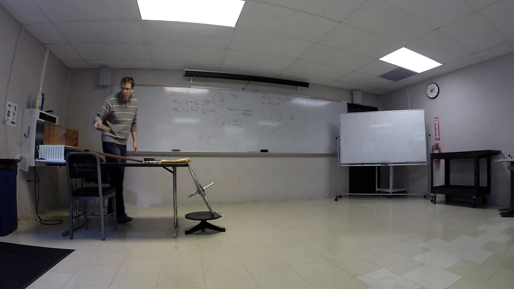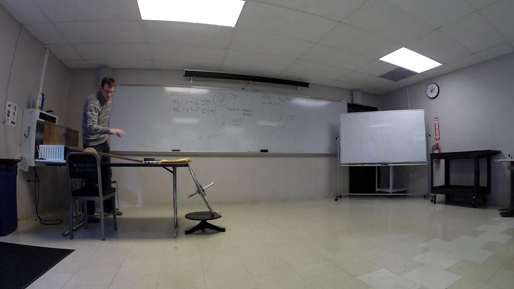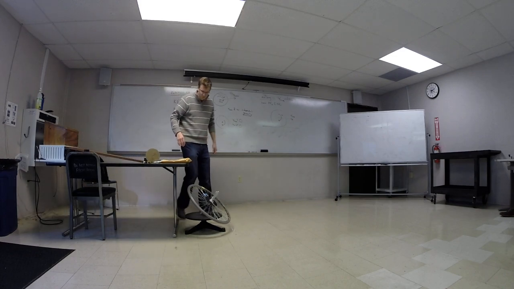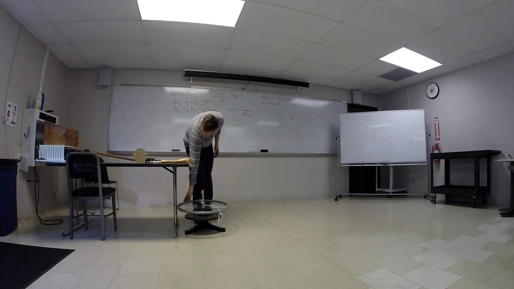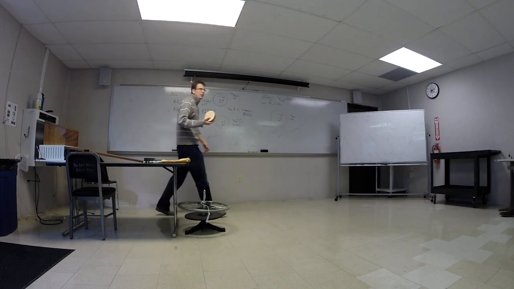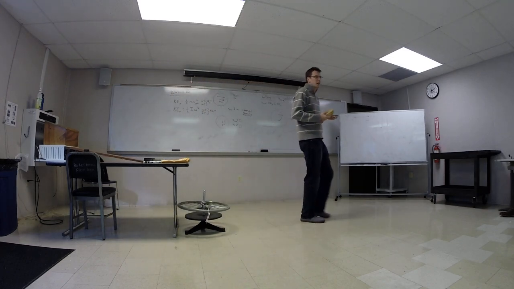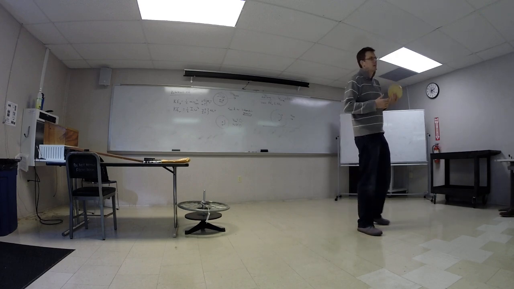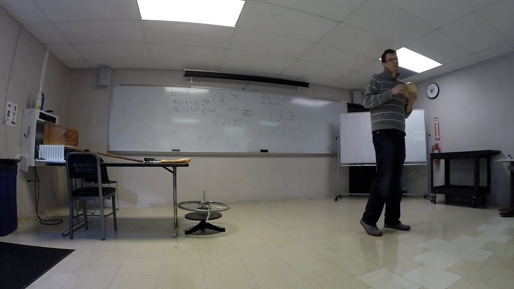But if we roll something, if I can roll it straight, you can see it goes a lot longer because it's not really like kinetic friction. We're going to actually neglect the energy loss there completely.